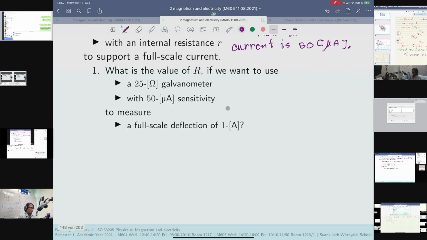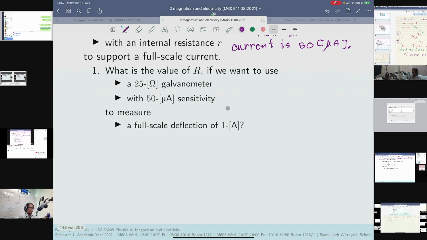We're going to make the ammeter from this connection. It's a parallel connection between the galvanometer and a resistor, let's say it's R. We would like to know what is the value of R in this case, the resistance that we have to connect in parallel to the galvanometer. Here is the internal resistor of the galvanometer, which is stated here, 25 ohm.